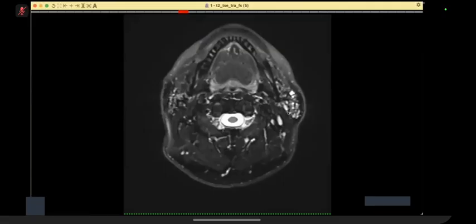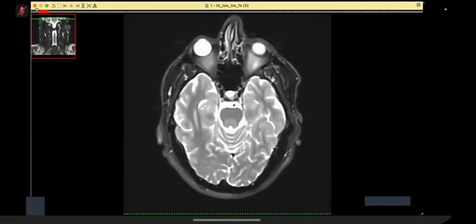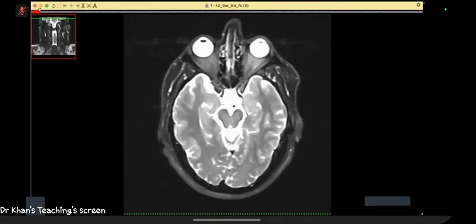So I'm presented with axial MRI of the skull base and neck in fat-saturated T2 sequence. I'm just going to scroll through the images in the given set before I comment.